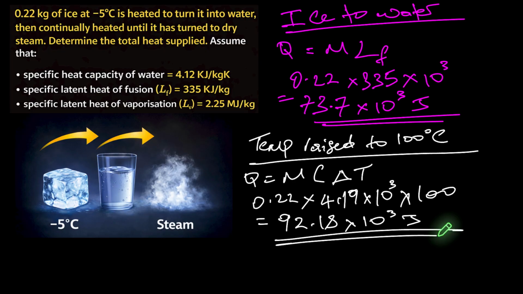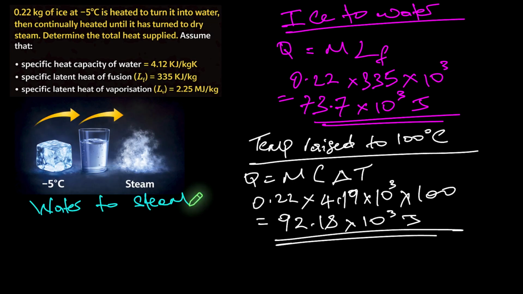So from here on out, this is where the water will be converted into steam. Okay, so to turn the water into steam, you notice that the formula looks very similar to the one we used to turn the ice to water, but this time we have L with subscript V, which stands for specific latent heat of vaporization, because we're going to get some vapor at this point.